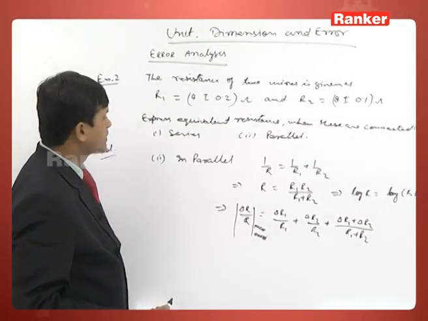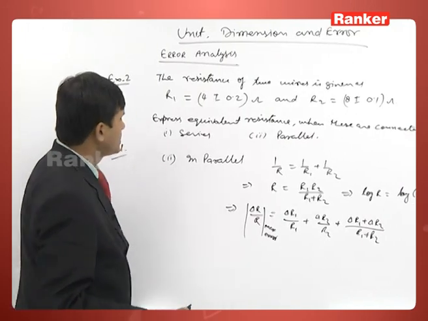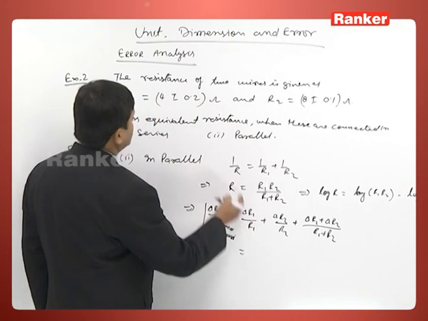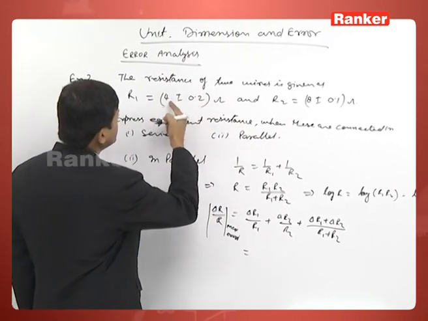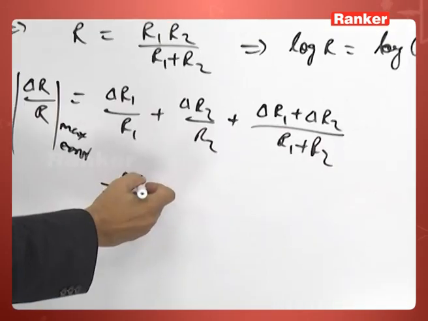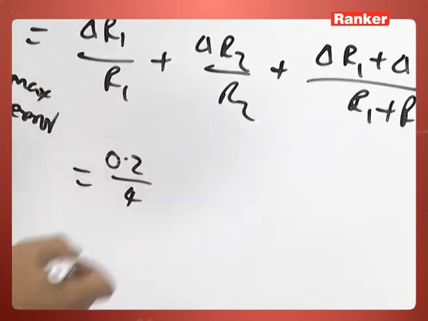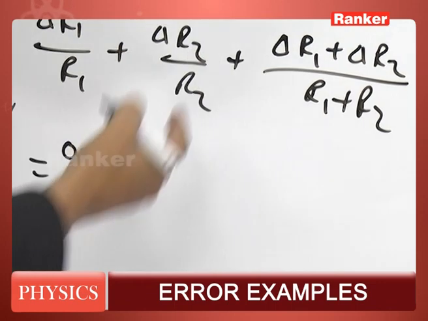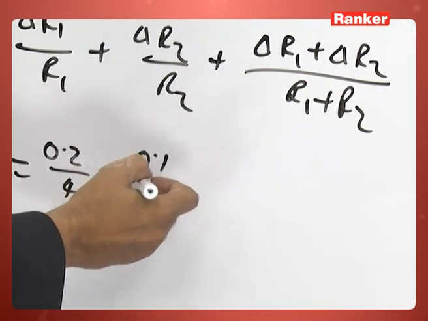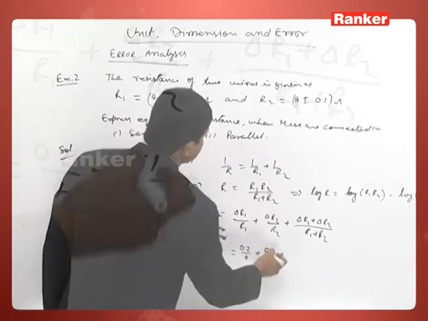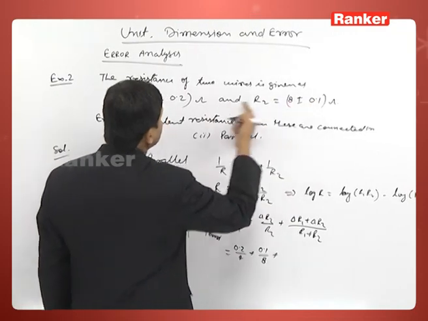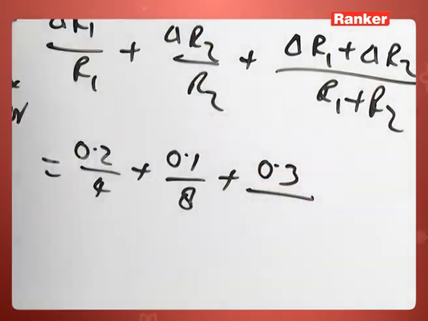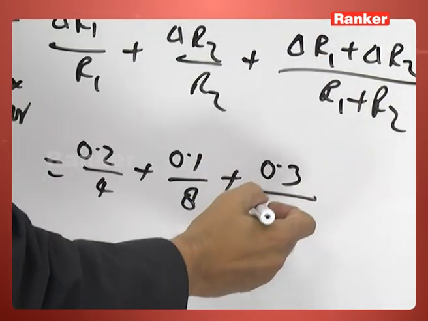Normally we have to calculate the maximum error always. Now, delta R1 by R1, delta R1 here is 0.2, so 0.2 by 4, plus delta R2 here 0.1 by 8, plus delta R1 plus R2, 0.1 plus 0.2, 0.3, and R1 plus R2, 4 plus 8, 12.